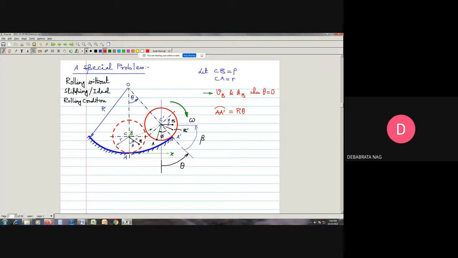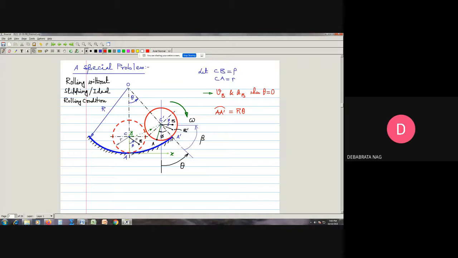But this is not the desired position. The desired position is what? While it moves in this way, it actually rotates about its own center, because that is what makes up the total rolling motion of this cylinder or sphere-like substance.